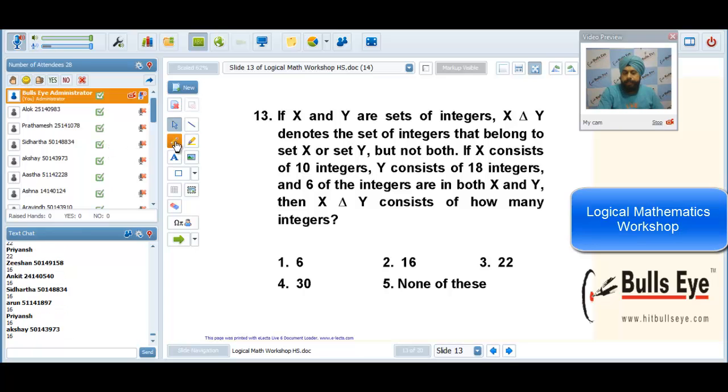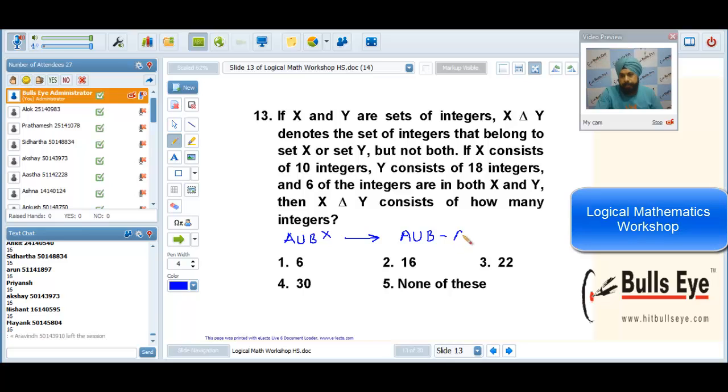Guys, a very common error and a very simple question. In fact, the question is not asking about A union B. For the people with 22 answers, mind that the question is asking about A union B minus A intersection B. Right guys?